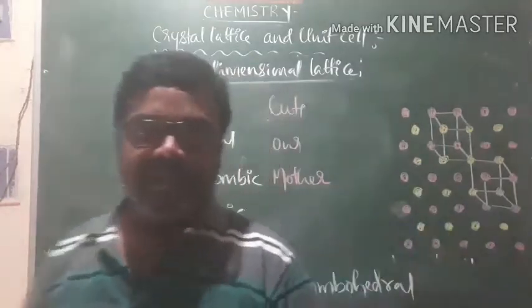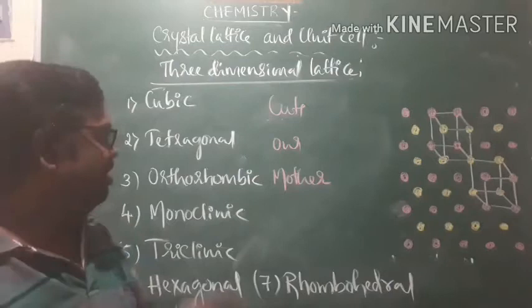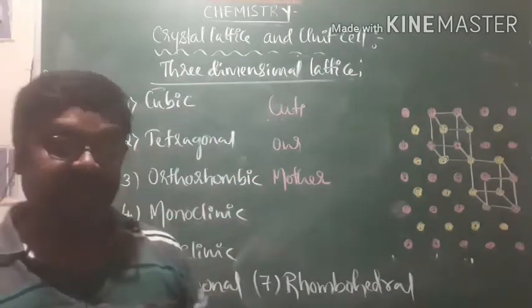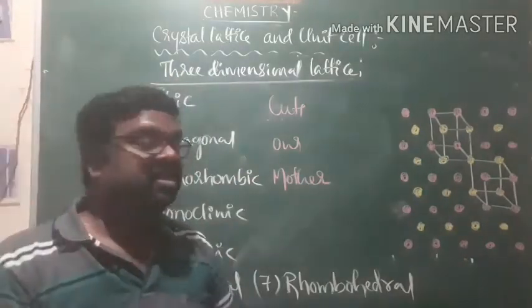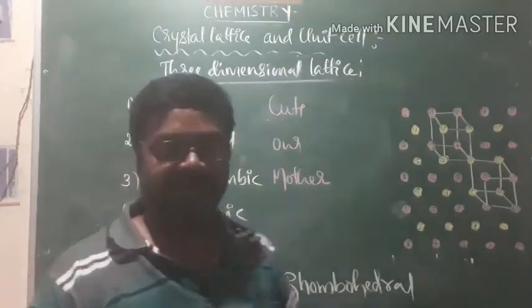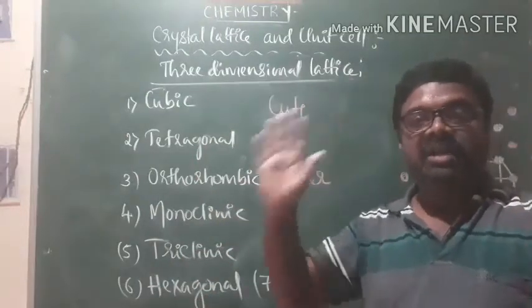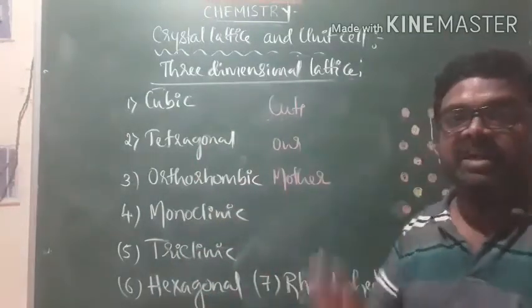No doubt, we have 7 possible shapes for the unit cell, but among these 7 possible shapes, there are 4 ways with which the particles are distributed in a given unit cell. ಈ 7 possible crystal systems ಅಲ್ಲಿ 4 ರೀತಿಯಾಗಿ particles ಡಿಸ್ಟ್ರಿಬ್ಯೂಟ್ ಆಗಿರುತ್ತೆ.